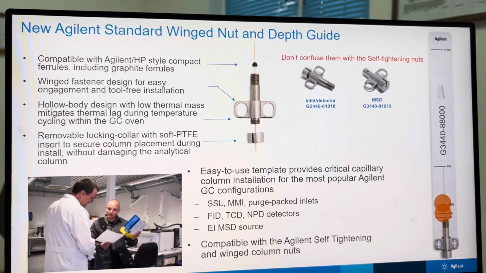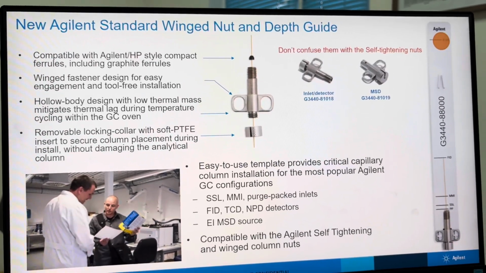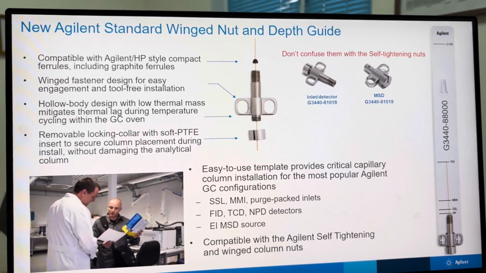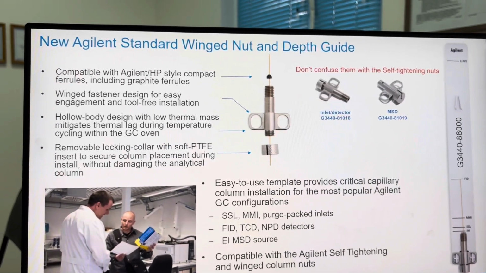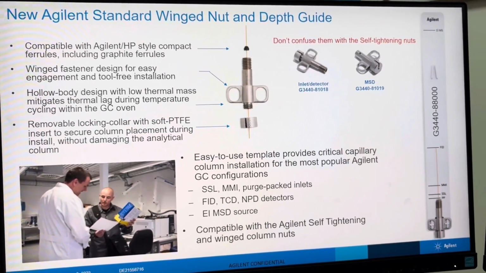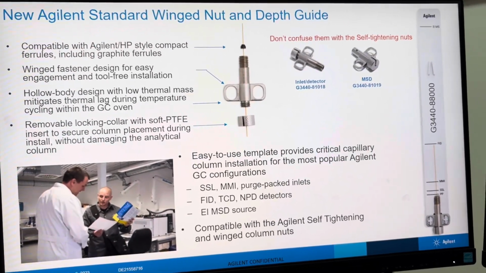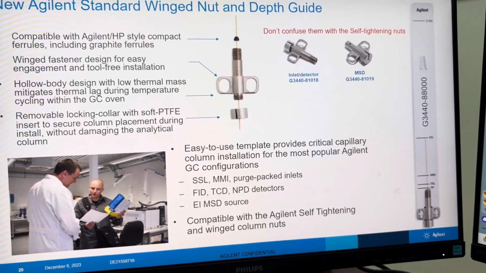We will put it here, there is a groove to hold both the wings like butterfly wings, and from there it will start, and up to what length we can leave the column to insert it into the inlet or the detector. It will be an easy measurement tool, not to guess how much or the scale. Simply, we can do it directly. This is one of the useful tools for any chromatographer to install the GC column.